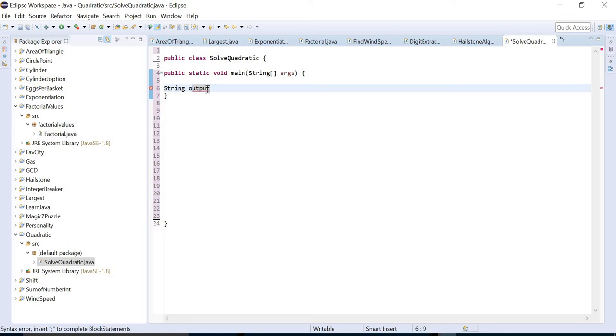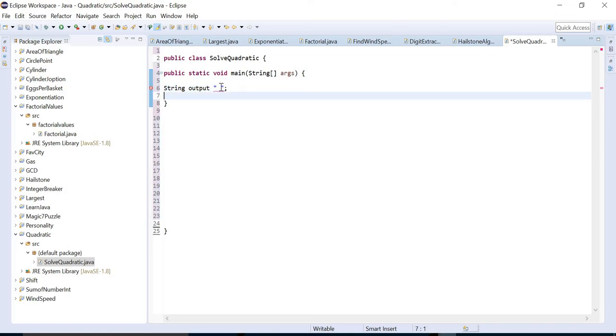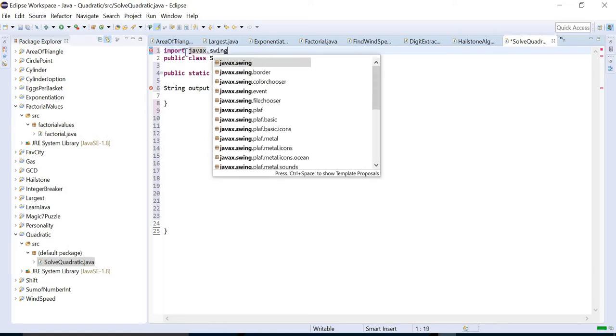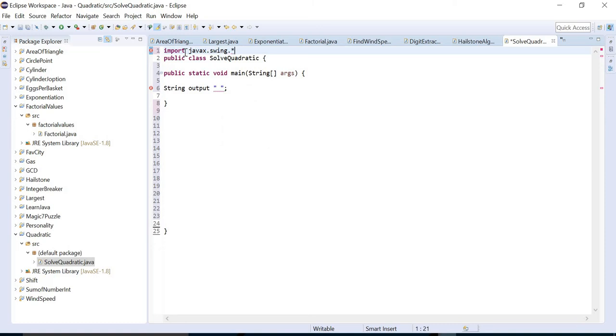String output, we're going to call it output, and it's going to be nothing right now to start, but we're going to define what the output is after this, but we have to define what it is first. Okay, so right now it's nothing, but the issue is, for this to actually not be an error, we have to import javax.swing.*; with the semicolon.